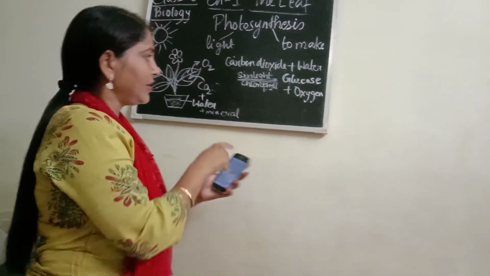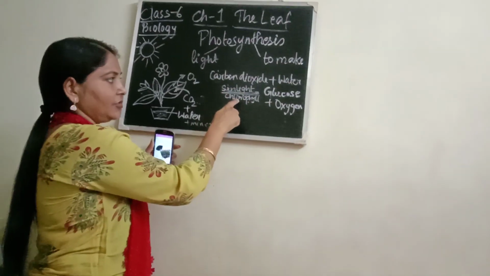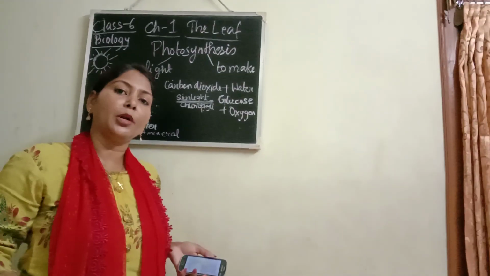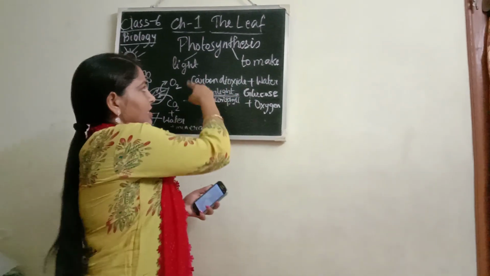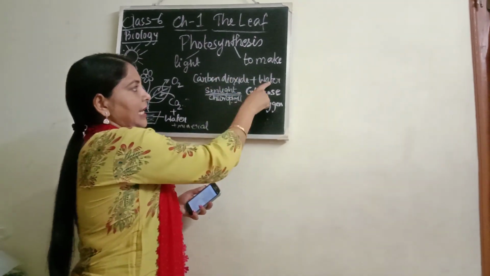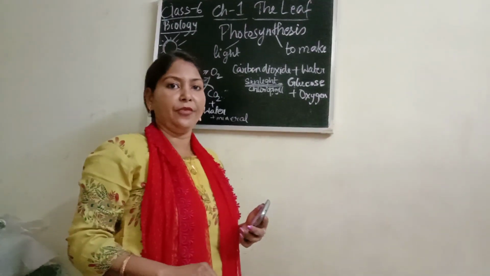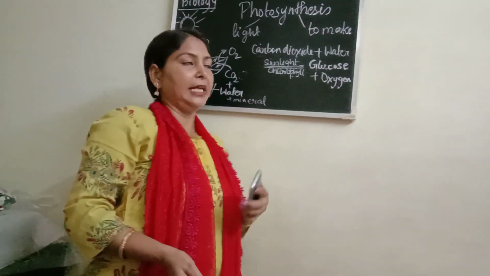Then after that, in the presence of sunlight and chlorophyll, what is the product formed? When carbon dioxide combines with water in the presence of sunlight and chlorophyll, then what is formed?